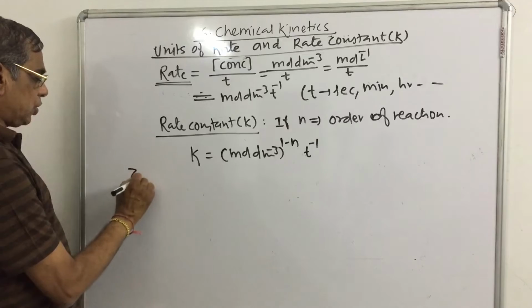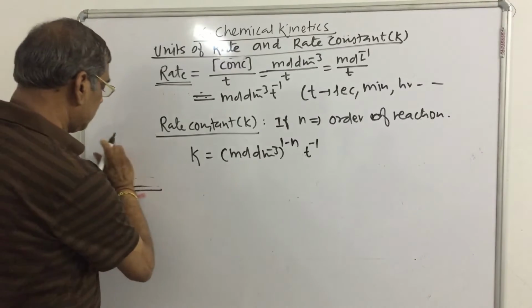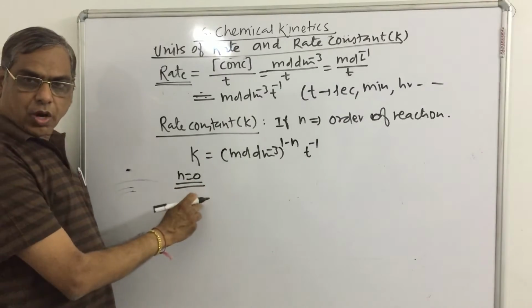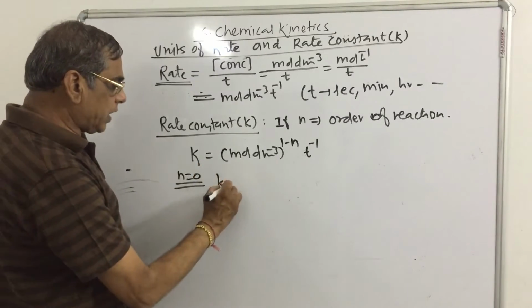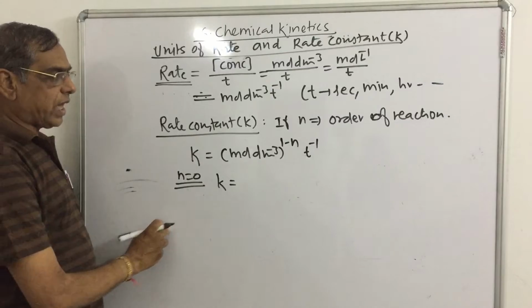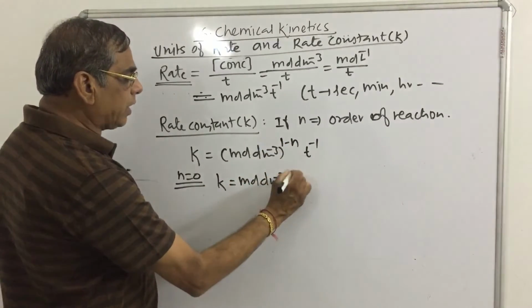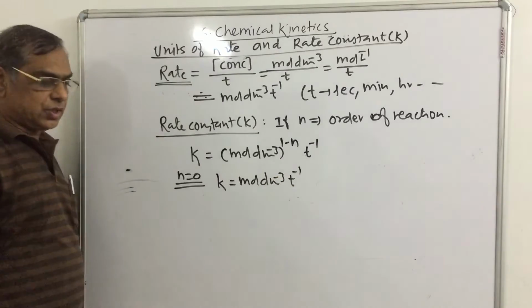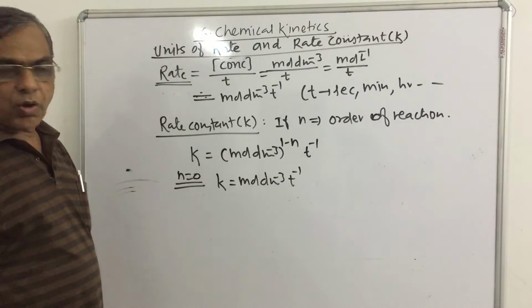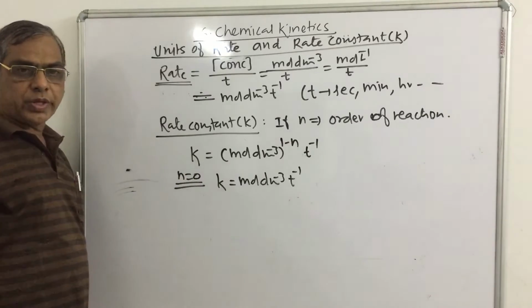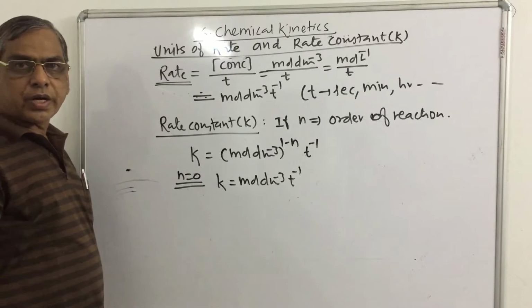Suppose for a zero order reaction, n equal to 0, what is the unit of K? K equals mole per dm cube to the power 1 minus 0, and time inverse. This is the unit of a rate constant K when n equals 0, or we can say for a zero order reaction.